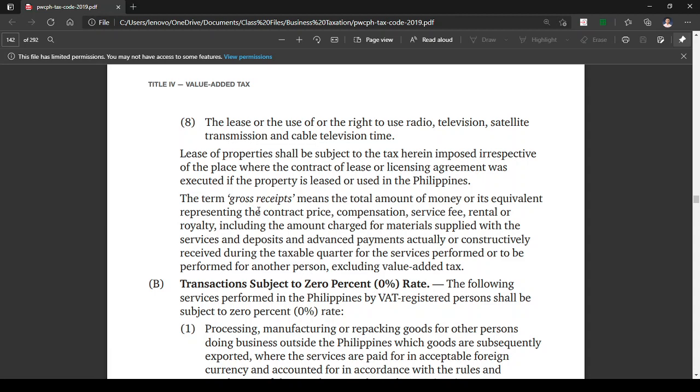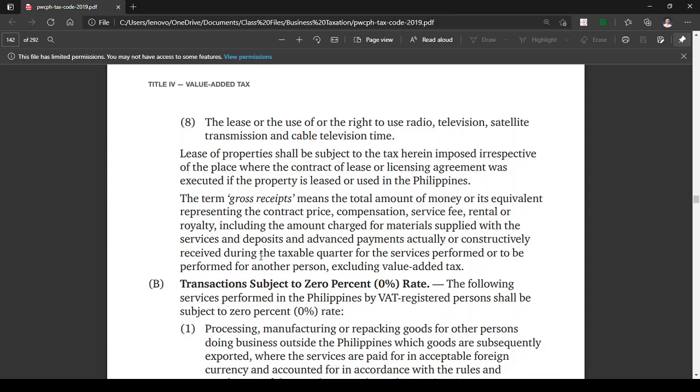So, under dito, yung contract price or kung merong compensation man yung tawag, service fee man yung tawag doon, rental man ang tawag or royalty. So, all of these are under sa gross receipts, including the amount charged for materials supplied with the services and deposit. So, kung meron mang, for example, kung ang services na yun, kailangan natin ng specific na material.